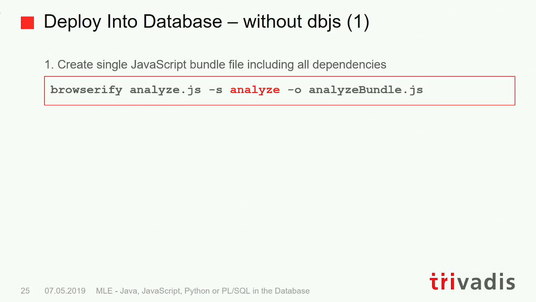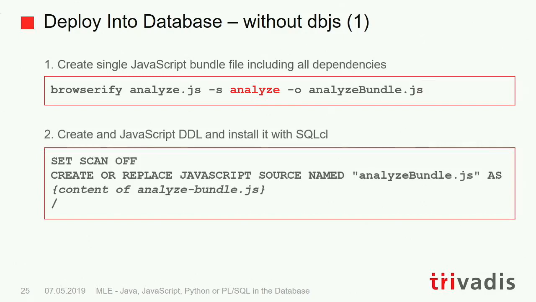That's the analyze bundle I have here. And then I can create or replace JavaScript source and put the output of the previous result there, a large DDL. And that's what I said previously I want to process with SQLcl. SQL*Plus is not able to do that because it finds the first semicolon and then I get an error.